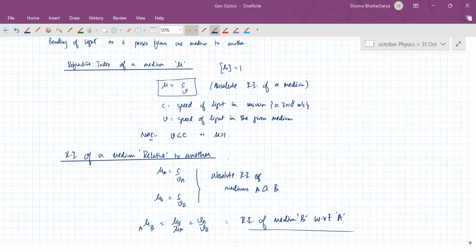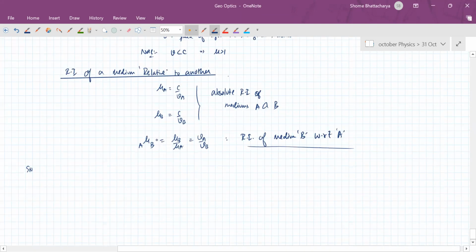Yeah. So the last line is the refractive index of medium B with respect to medium A. It is defined by VA by VB, where VA is the speed of light in medium A, VB is the speed of light in medium B. So you can see the relationship between these also.